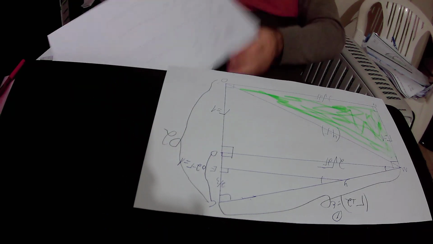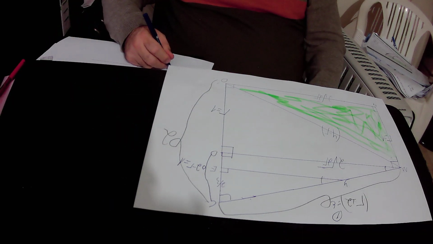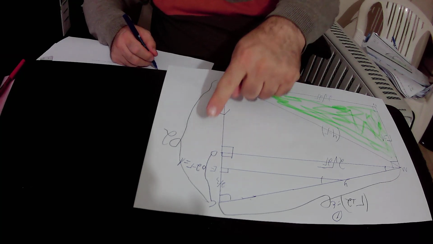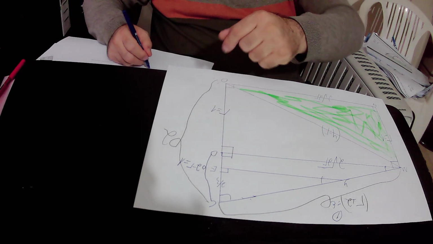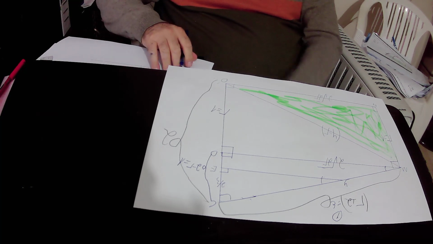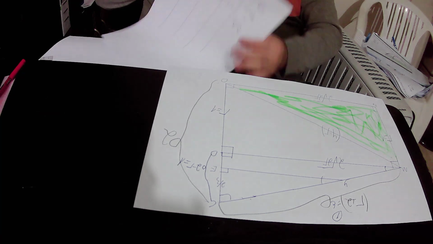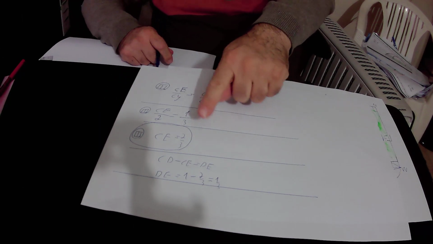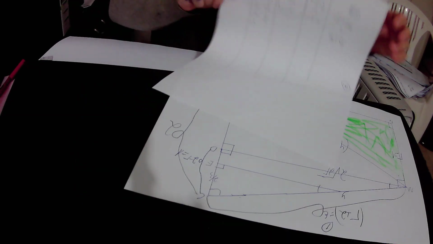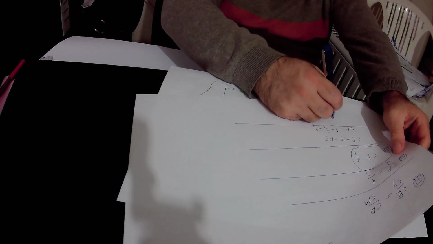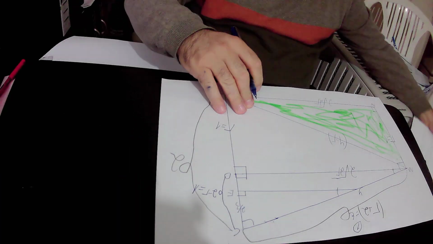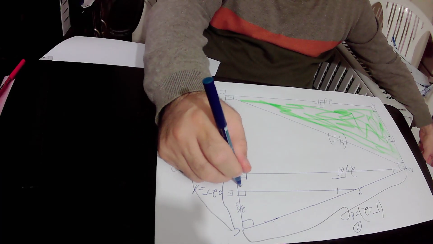That is to say, DE equals CD, that is 1, minus CE, that is 2/3. So we found out that DE equals 1 minus 2/3, that is a third. DE equals a third.